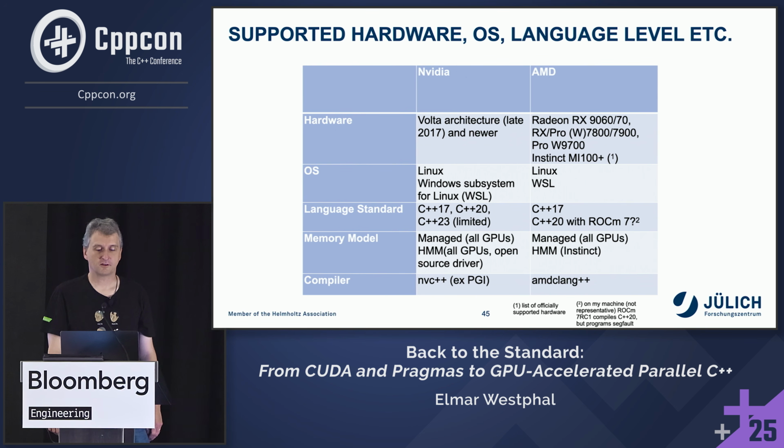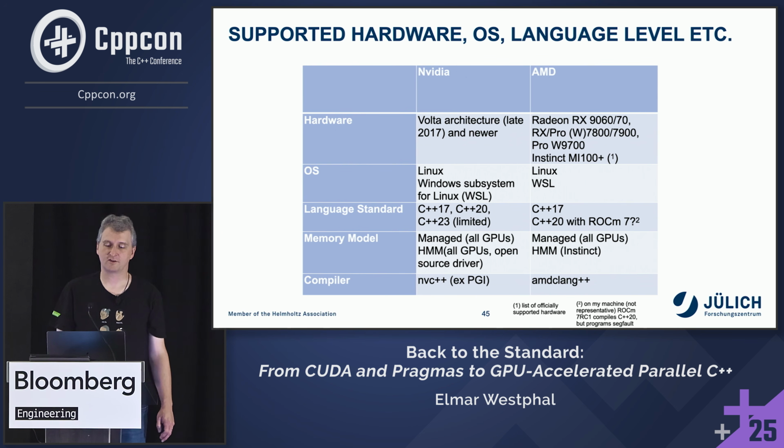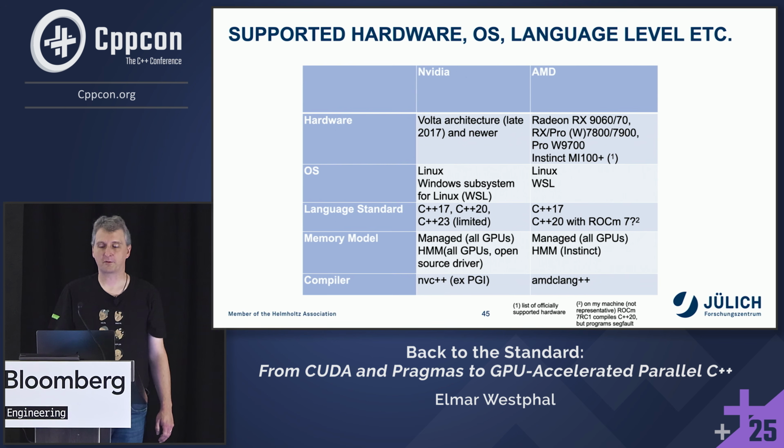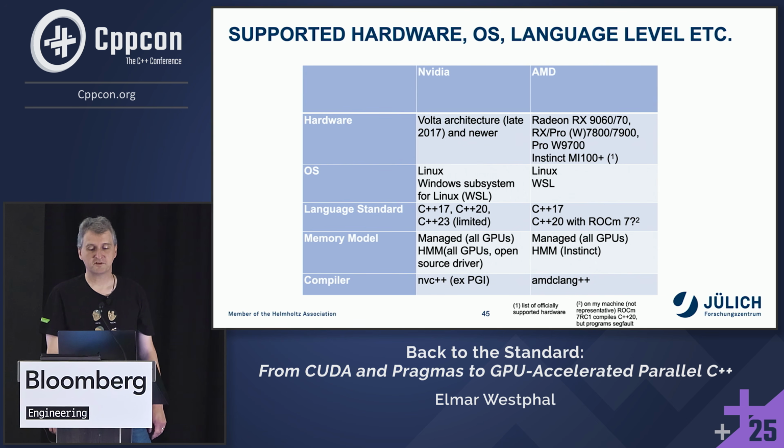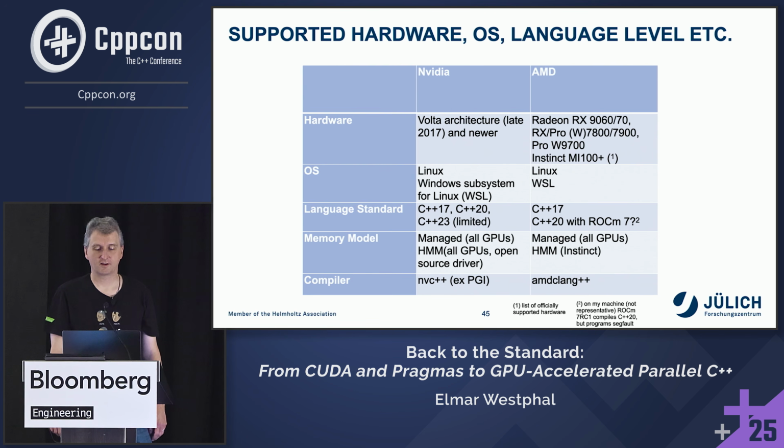Language standards are C++17, 20, and a limited set of 23. All memory models are supported by all GPUs, given the right drivers. And their compiler is their HPC compiler named nvc++, which is derived from the former PGI compiler.